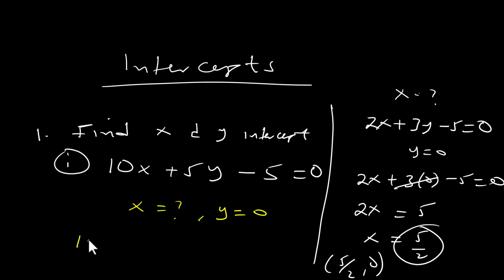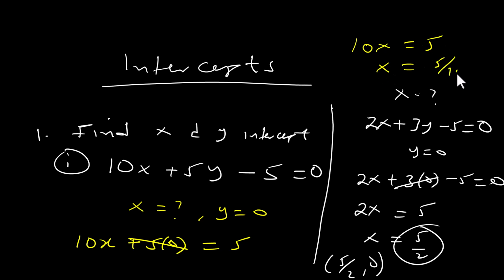So we have 10x plus 5 times 0, which is 0. So I will have 10x equals 5. Therefore x is 5 on 10, which is half. So my point will be: x coordinate is half, then y coordinate is 0.